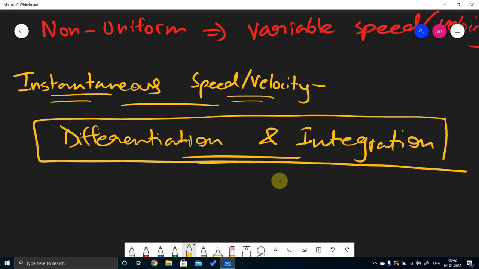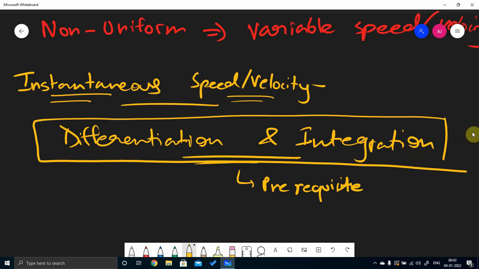I'll just write it as prerequisite. If you don't know how to differentiate or integrate right now, no big issue. I'm going to take a session on that as well. I was planning to take that next before I teach Newton's laws of motion and work power energy. So you guys can cover it over there and then come back to this particular point.